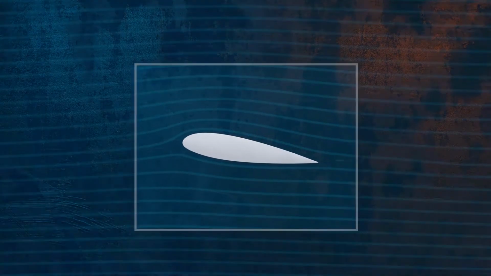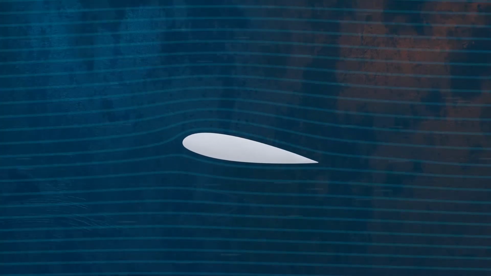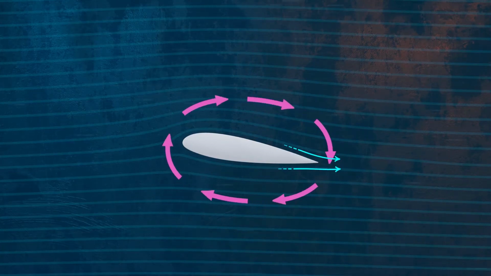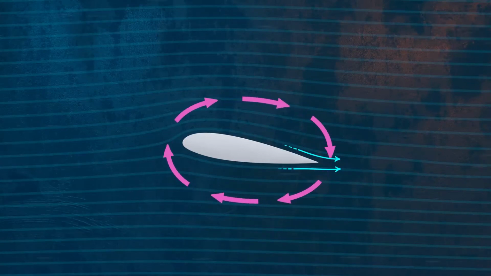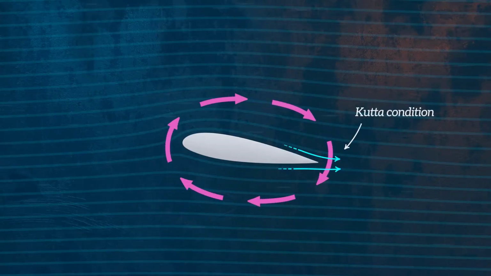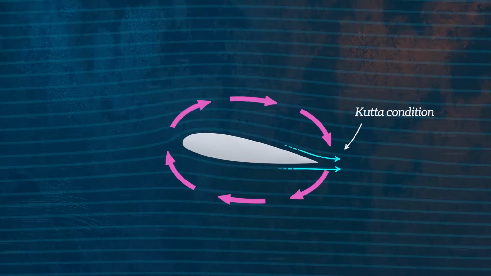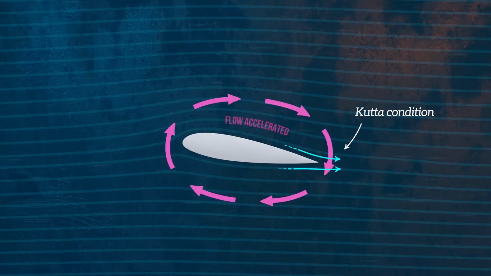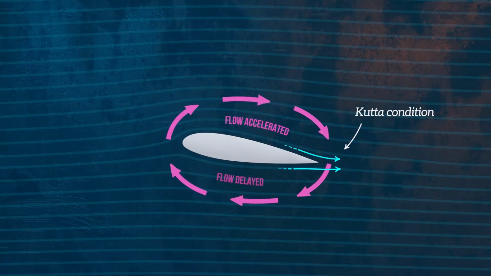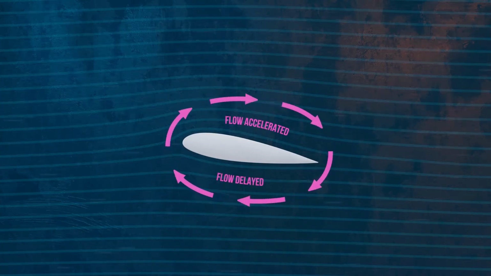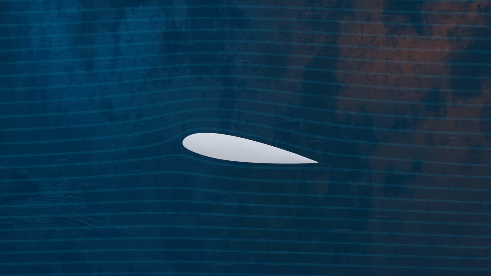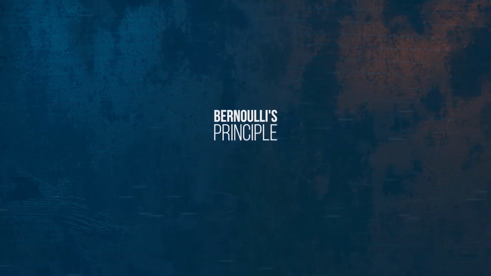If we impose a condition that says that the flow above and below the airfoil must be parallel when leaving the trailing edge, we can calculate the exact amount of circulation that must be generated by the airfoil to do this. This is called the Kutta condition. Circulation has the effect of accelerating the flow above the airfoil and delaying the flow below it, which gives us the explanation we need so that we can apply Bernoulli's principle.